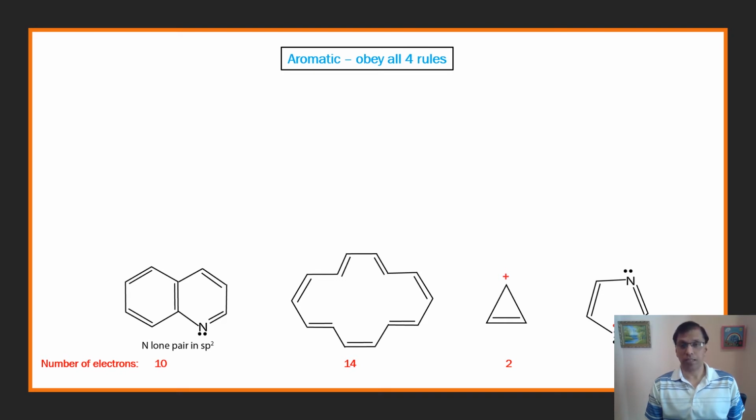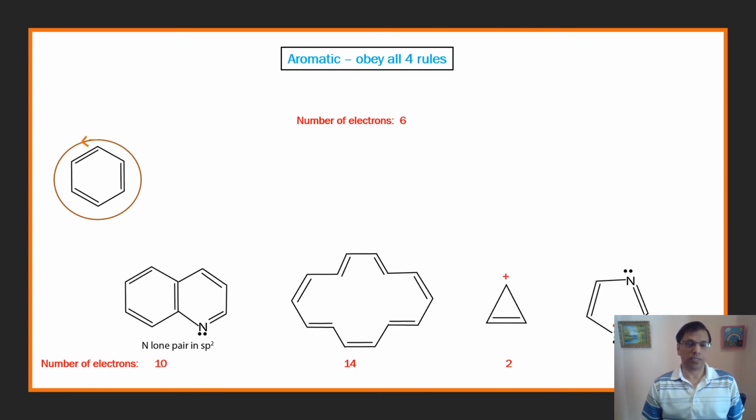It is planar, and it obeys all the four rules, and hence this molecule is aromatic. It's called 14-annulene. Let's look at additional examples of aromatic compounds which have 6 delocalized electrons.